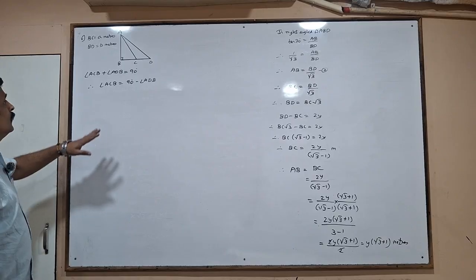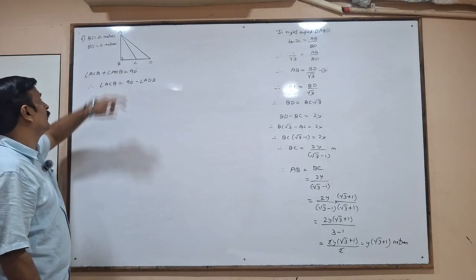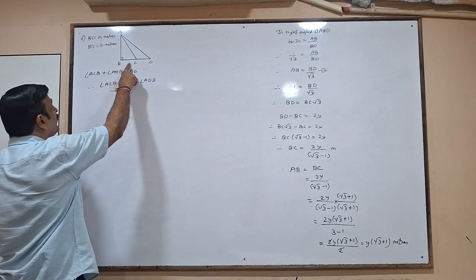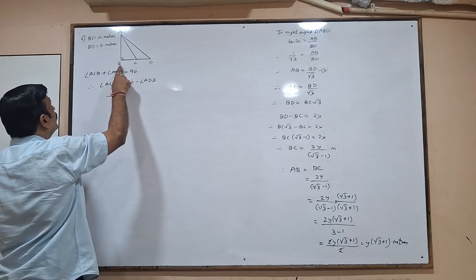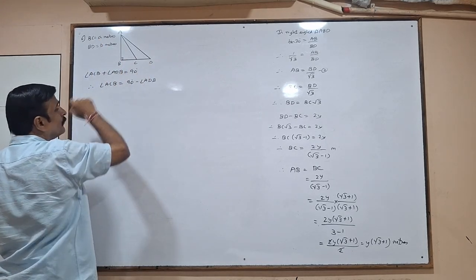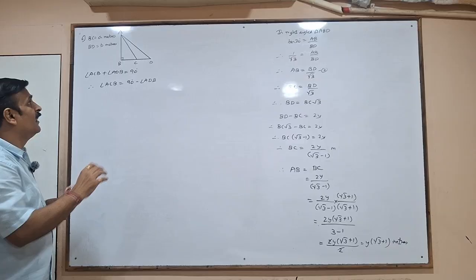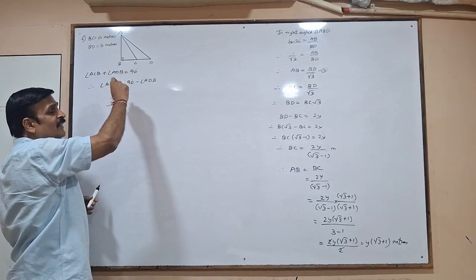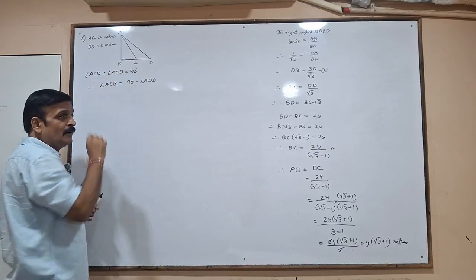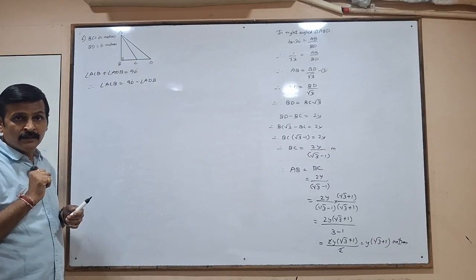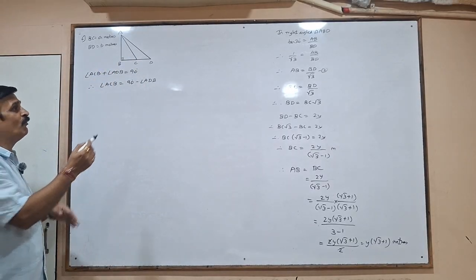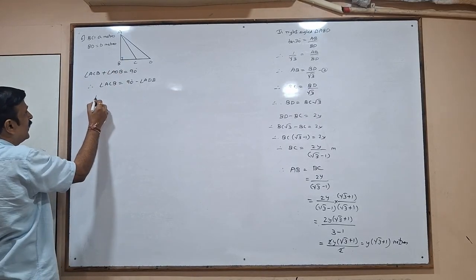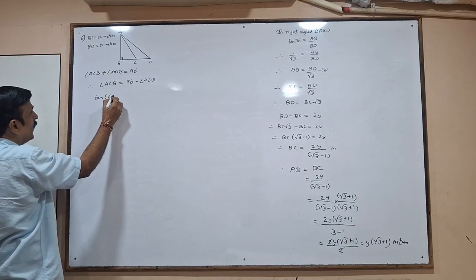Now we want height. This is A, this total is B. So obviously this is a common side, means I am going to go for tan of this angle, then only I can relate AB and BC, the perpendicular and the base. And because I want tan of this angle, I will take tan of both these angles.